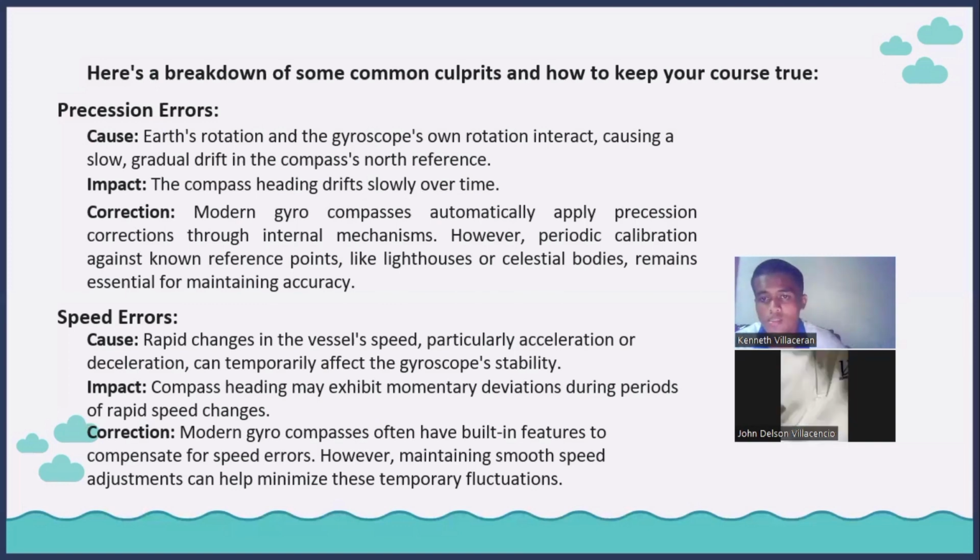Correction: modern gyro compasses often have built-in features to compensate for speed errors. However, maintaining smooth speed adjustments can help minimize these temporary fluctuations.